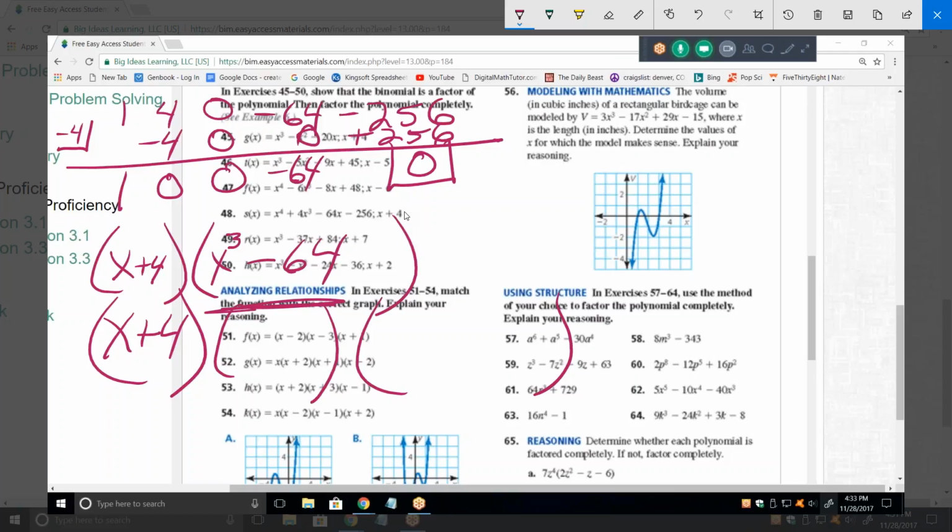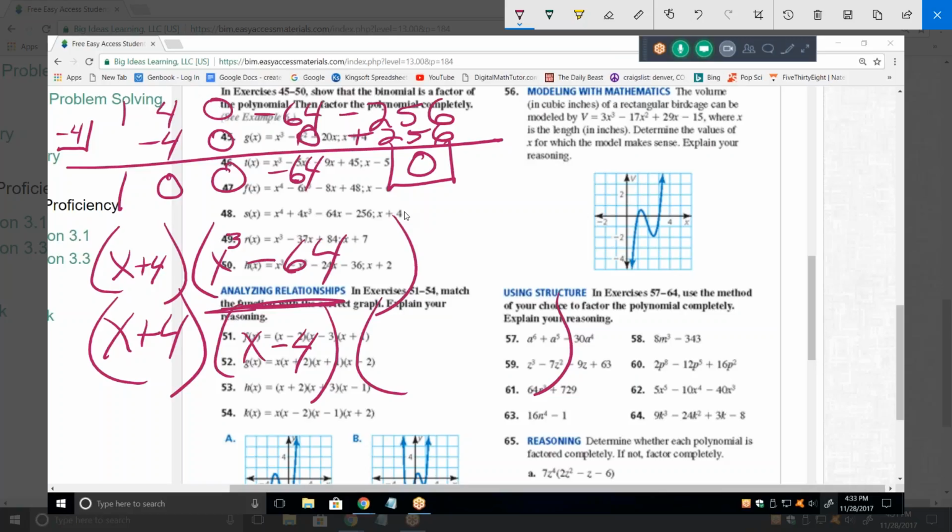Okay. So x minus, the cube root of 64. It's always going to be a low number. It's either 1, 2, 3, or 4. 4.